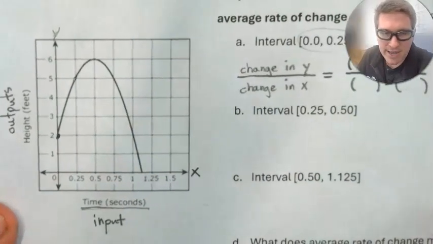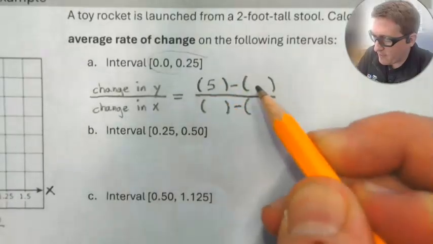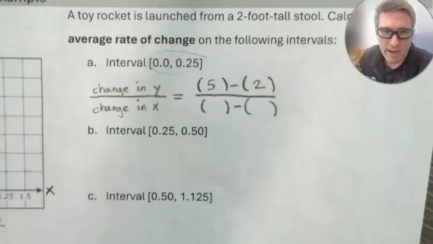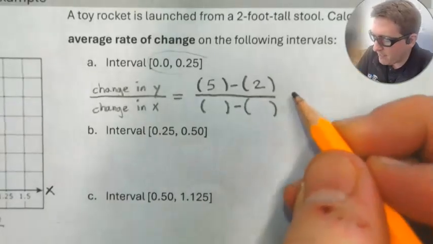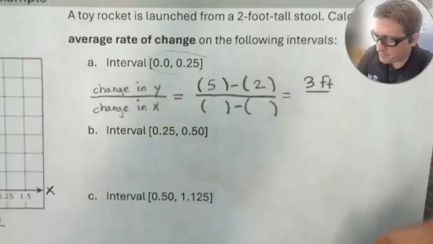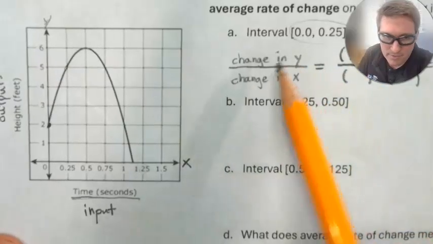So how much of a change is that? Well, my change in y would be therefore 5 minus 2. That's what would calculate how much my y changed. And that would give me 3 feet. How much did my input change? Well, they kind of already gave it to me with the numbers here.